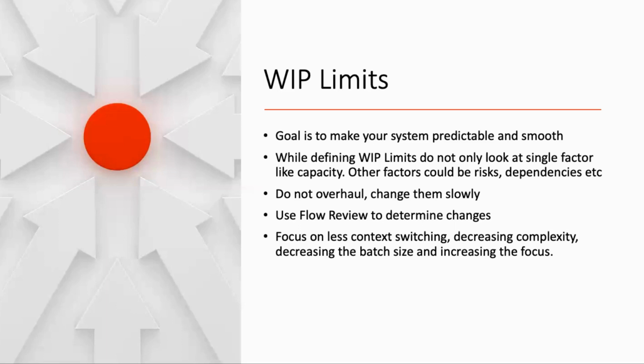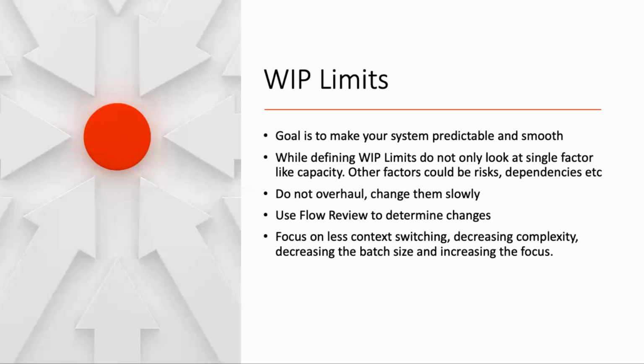And when you set your WIP limits, it is not that you cannot revise them, but do not revise them often. If you revise them often, your consistency of the flow will be lost. So once you set your WIP limit, set up a frequency until when you are going to monitor it.